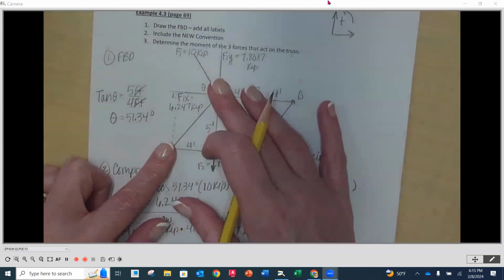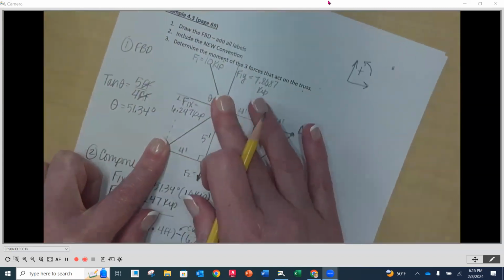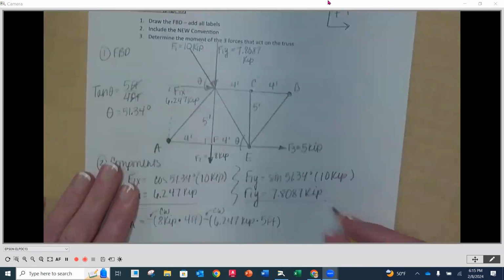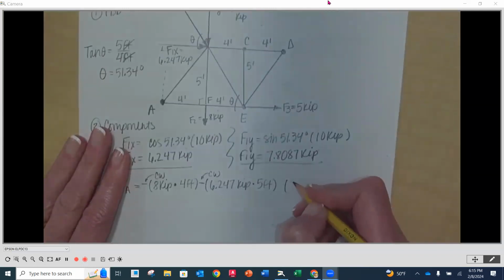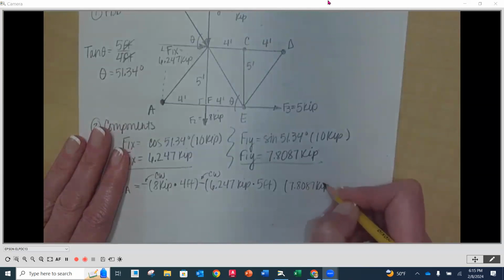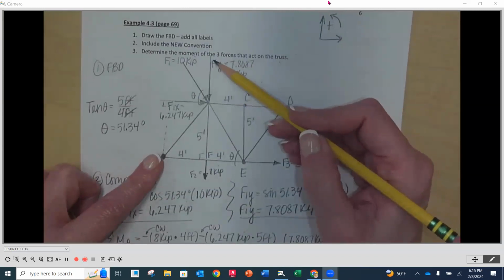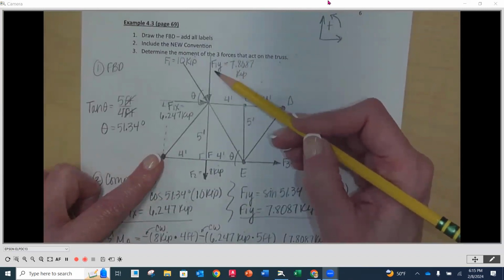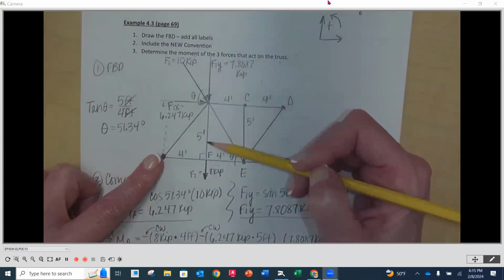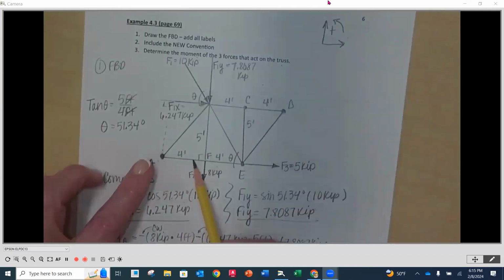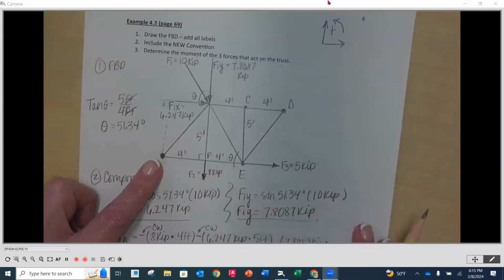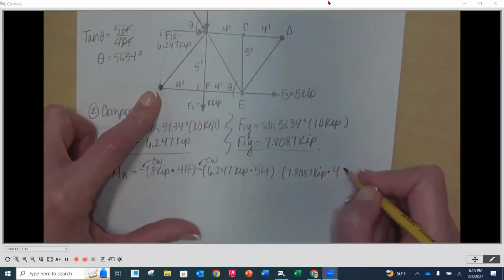I've got my Fy. If I pull in that direction, it's causing a rotation. So I'm going to start by putting the magnitude, 7.8087 kips, okay, times perpendicular distance. If I push it along its line of action, do you see how I could do it down here and its perpendicular distance would be 4 as well, okay? 4 feet.